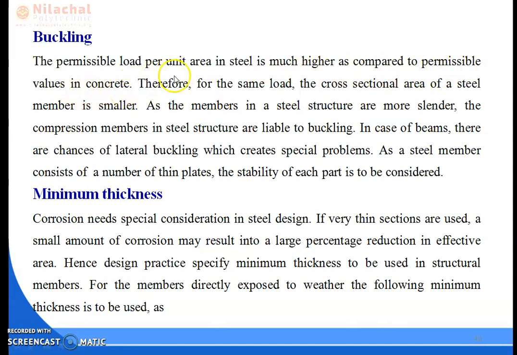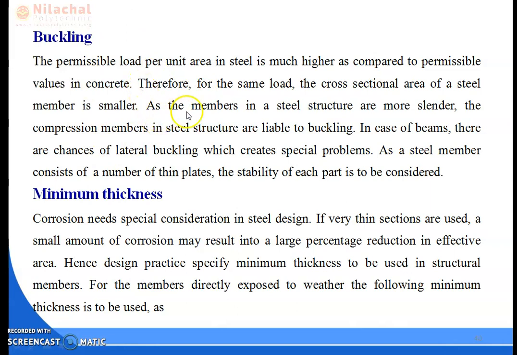Therefore, for the same load, the cross-sectional area of a steel member is smaller. So as compared to concrete, for the same loading condition, the steel area should be smaller, because steel has more permissible load.